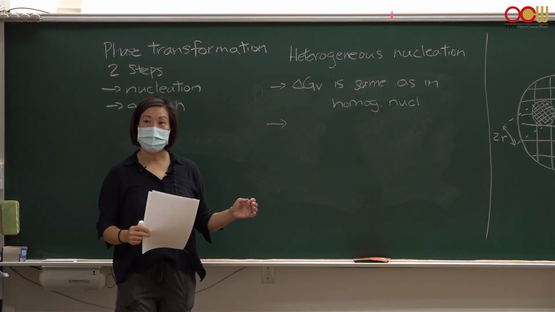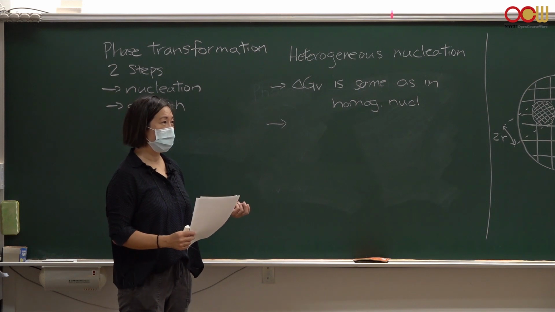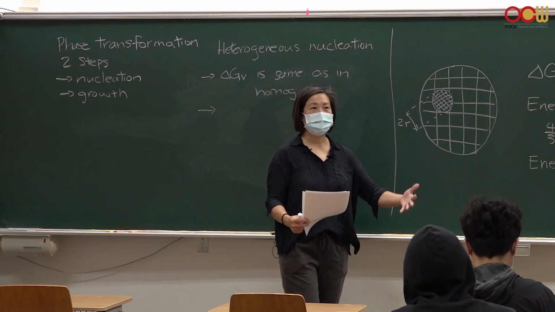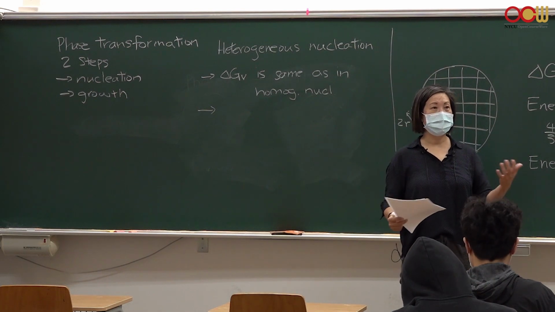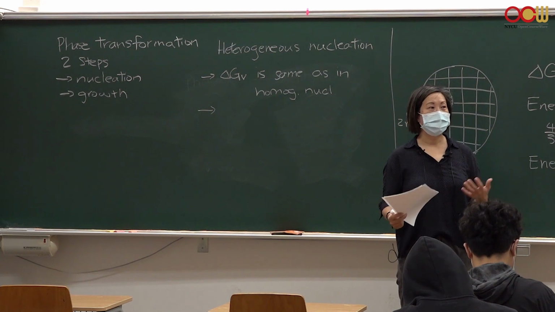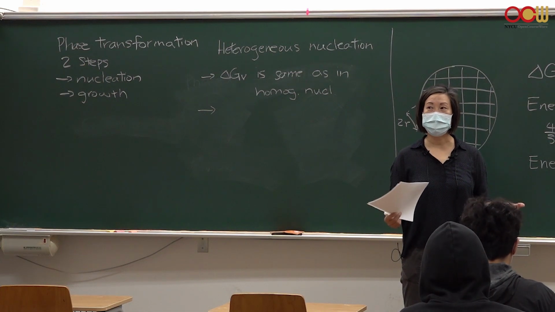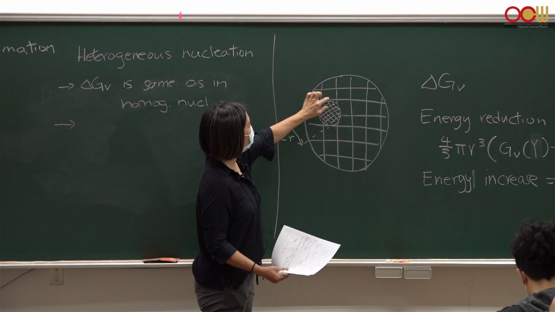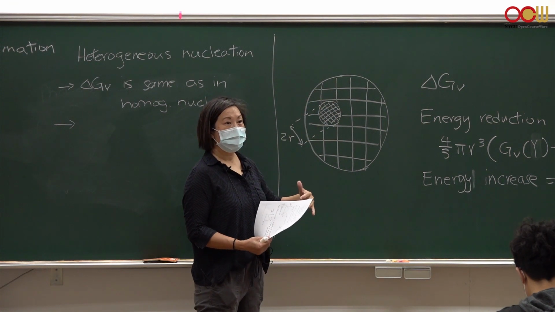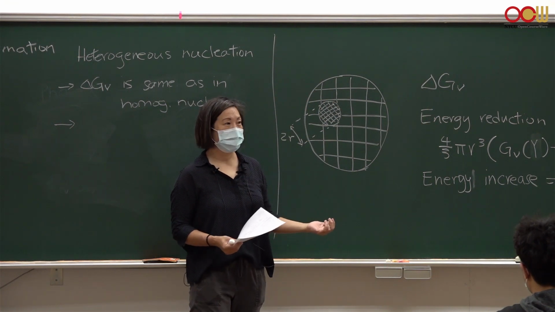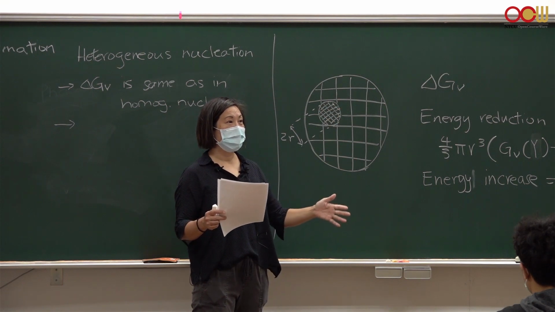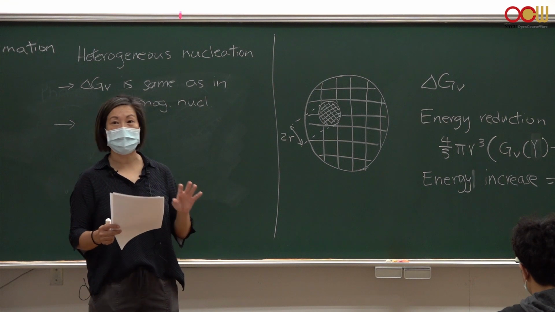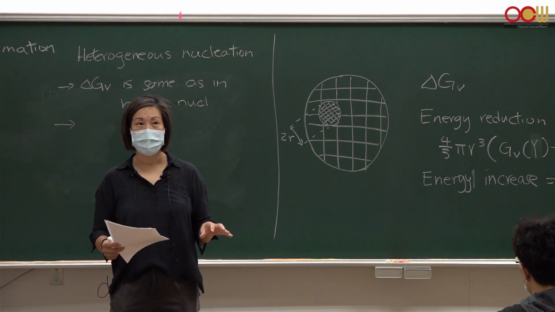But what is different is the surface energy. Because in heterogeneous nucleation, remember, you're adding other things, catalysts, to interact with the nucleation process. So you're no longer just having this surface energy as a parameter in your considerations. Now you have surfaces, you have impurities, and there's interaction between all the different phases and all of the different boundaries, right?